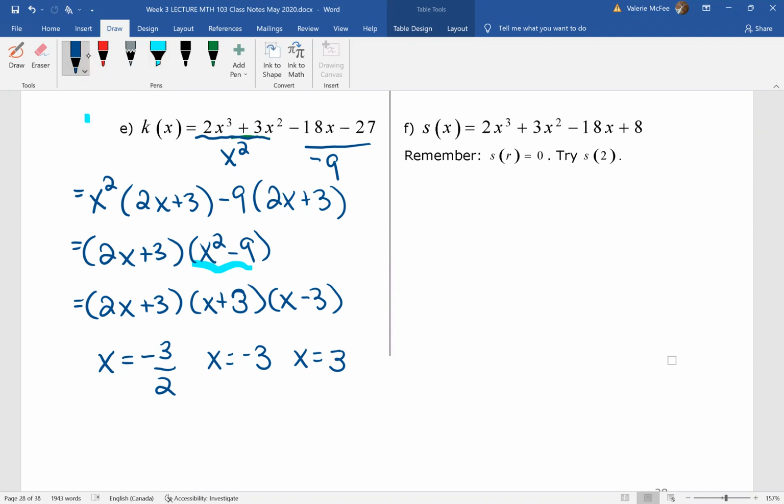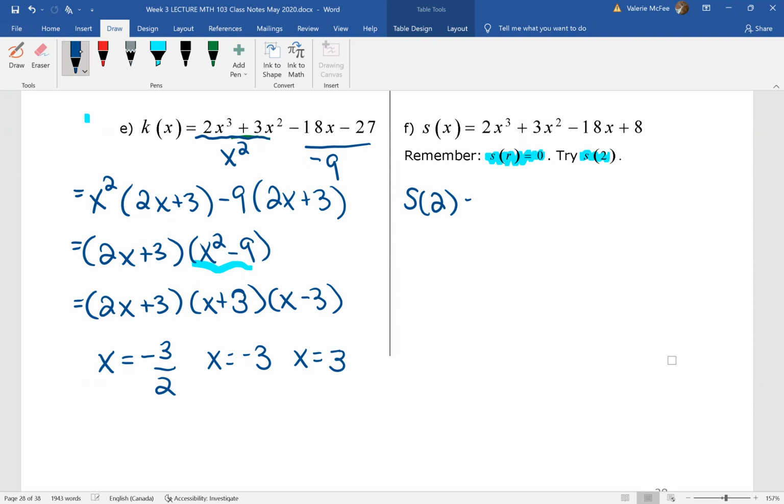Now, question F is a little more difficult. It's not an easy one to factor by grouping either, but I do give you some information. I tell you that remembering that S of r equals 0, try S of 2. So if we try S of 2, remember that means we've changed x to 2.